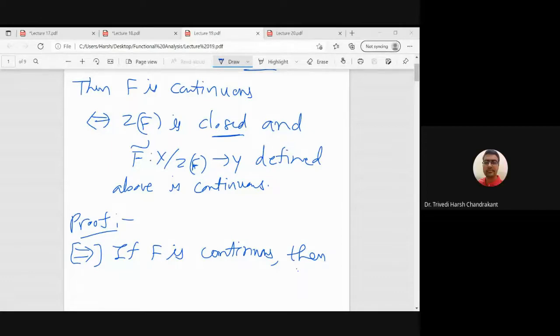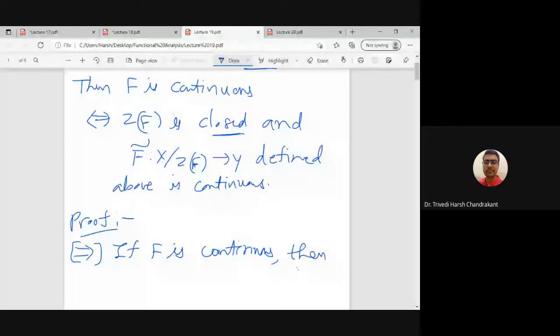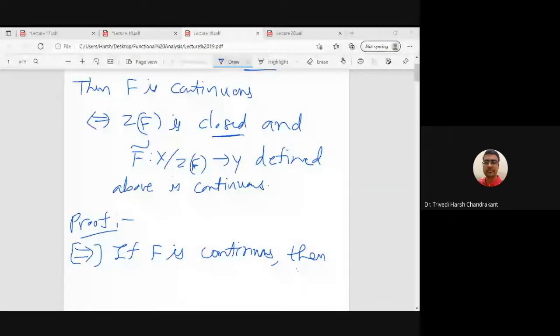So if f is a function from x to y and we take any open set u in y, then f inverse u is open in the domain x, right? Now what can we say about the inverse image of a closed set if f is continuous?